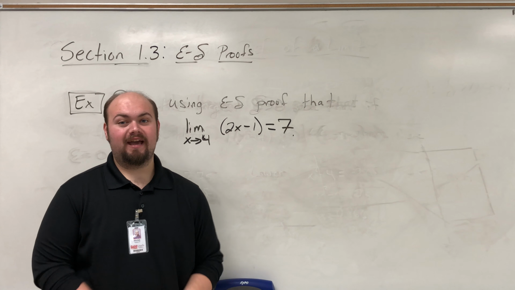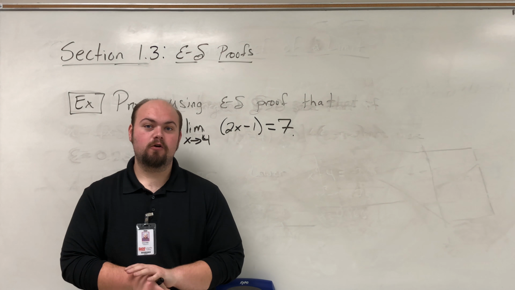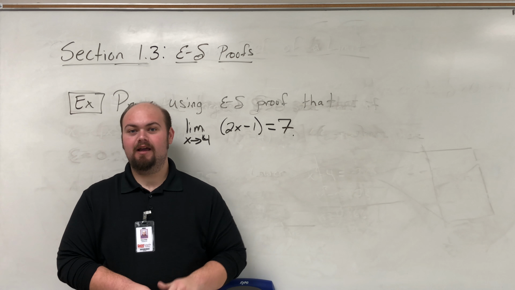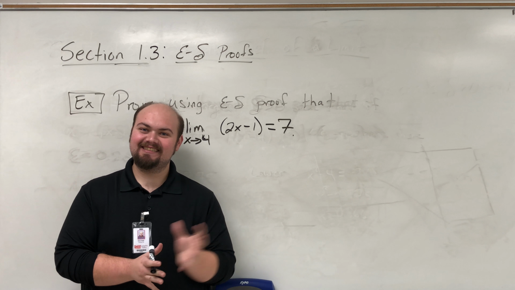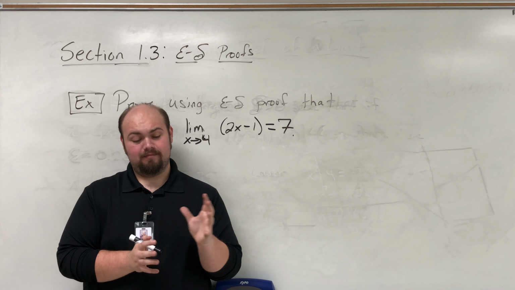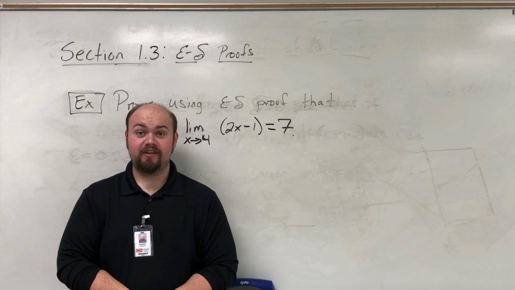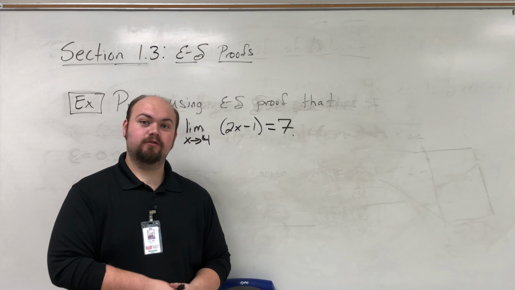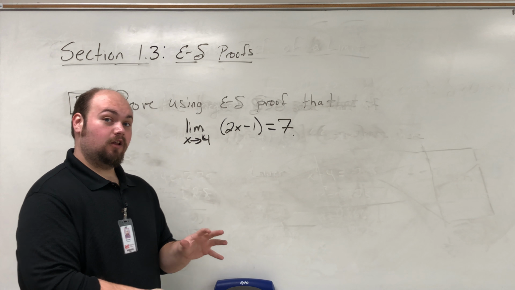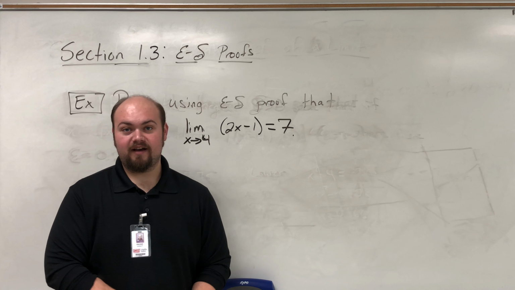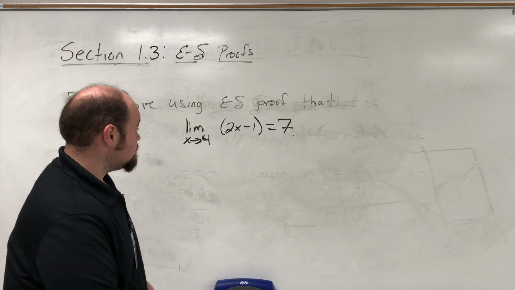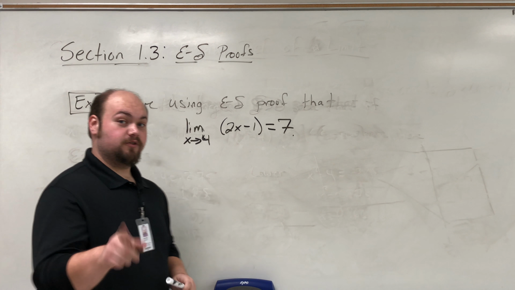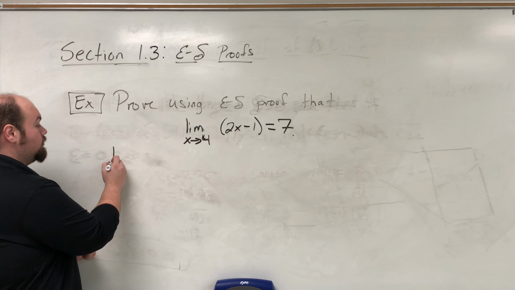So when we prove it, we have to give a just argument that shows that no matter what epsilon I choose, there's going to be a delta that when my x's are inside my punctured interval around the x value, in this case we're going to use 4, then my function values are very close and stay close within epsilon of my limit value, which is 7. So we use a very formal way of doing this, and this is a formal proof. So anytime I begin a formal proof, I write the word proof.